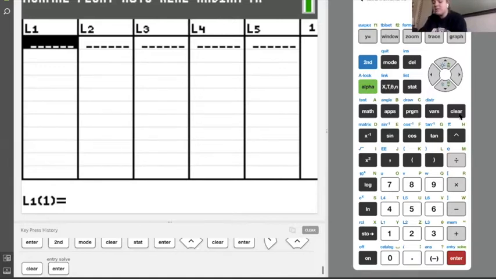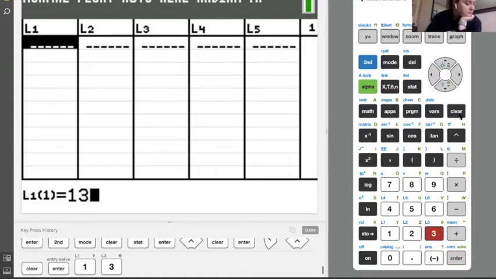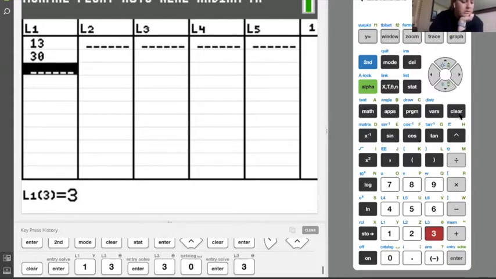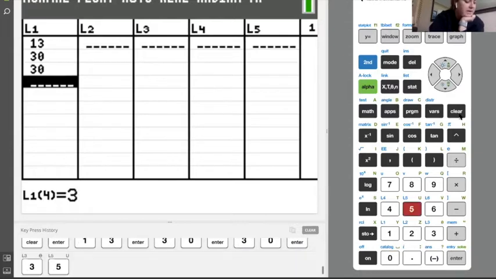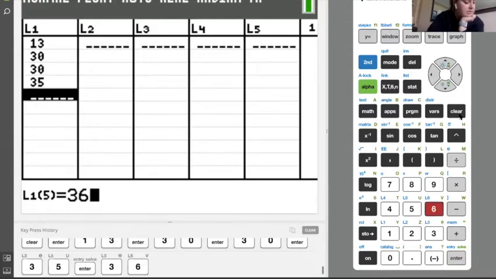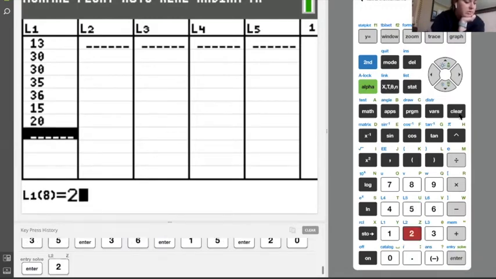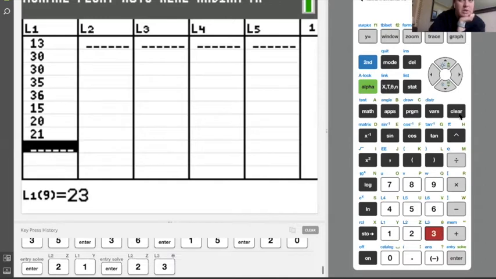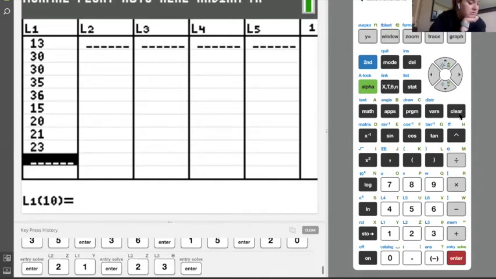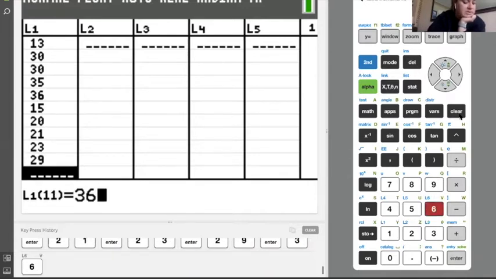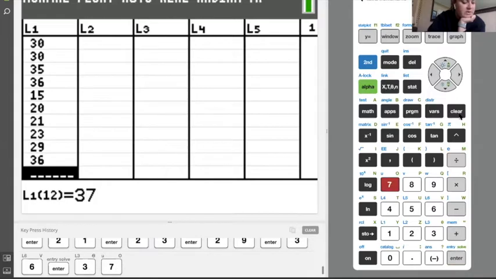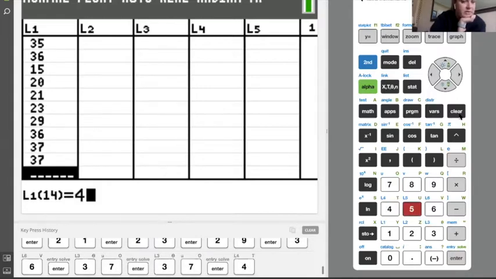So then we want to type our data all into L1, and then remember to double check your numbers. So we have 13, 30, 30 again, 35, 36, 15, 20, 21, 23, 29, 36, 37, 37, 45.